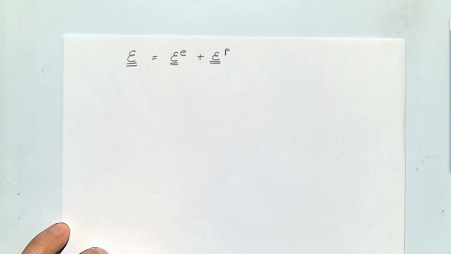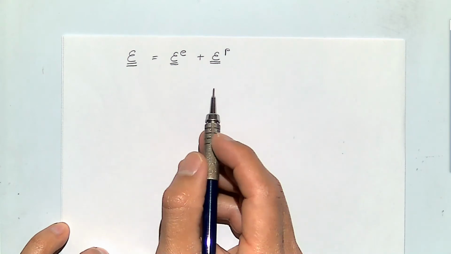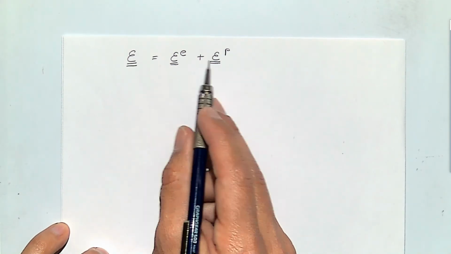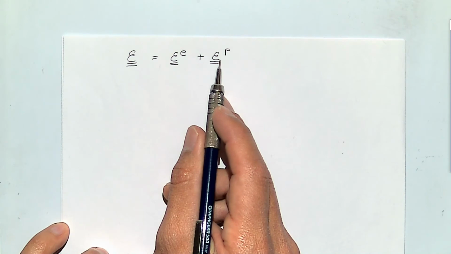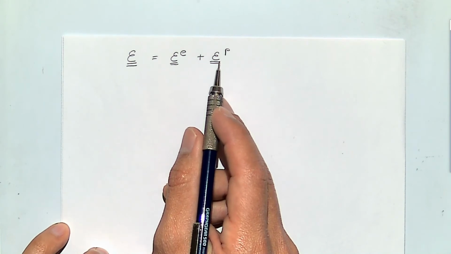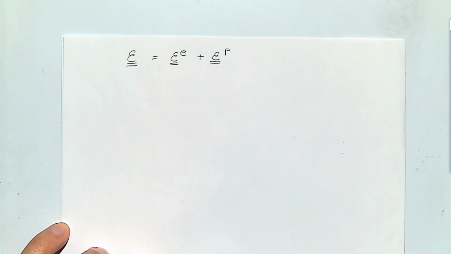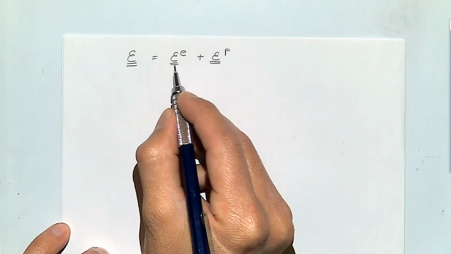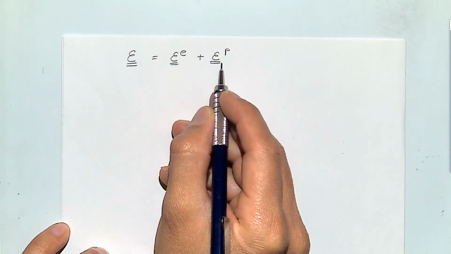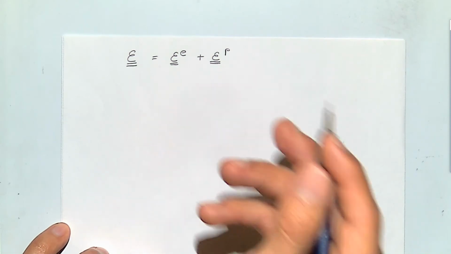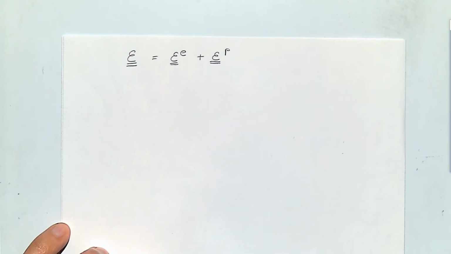Now, this is a non-linear process, and because it is non-linear, we cannot add elastic and plastic strains at any time. So we're going to have to do this in parts as a function of time. For each time step, we'll check if there is either an elastic strain or a plastic strain, and we'll add that according to a given time.